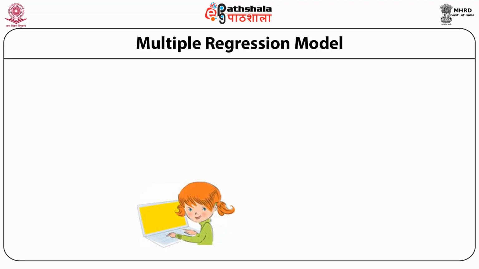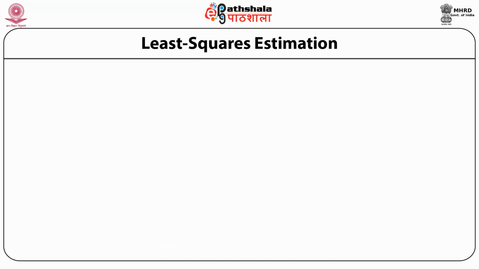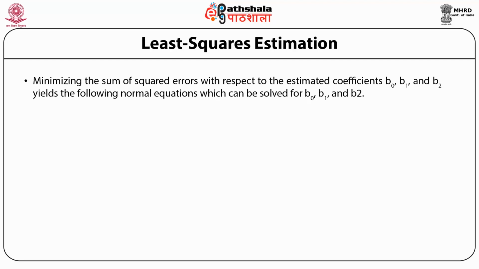Now we need to think about the regression model. Least square estimation: suppose we consider a multiple regression model with two independent variables. So here we have three unknown constants, beta naught, beta 1 and beta 2.